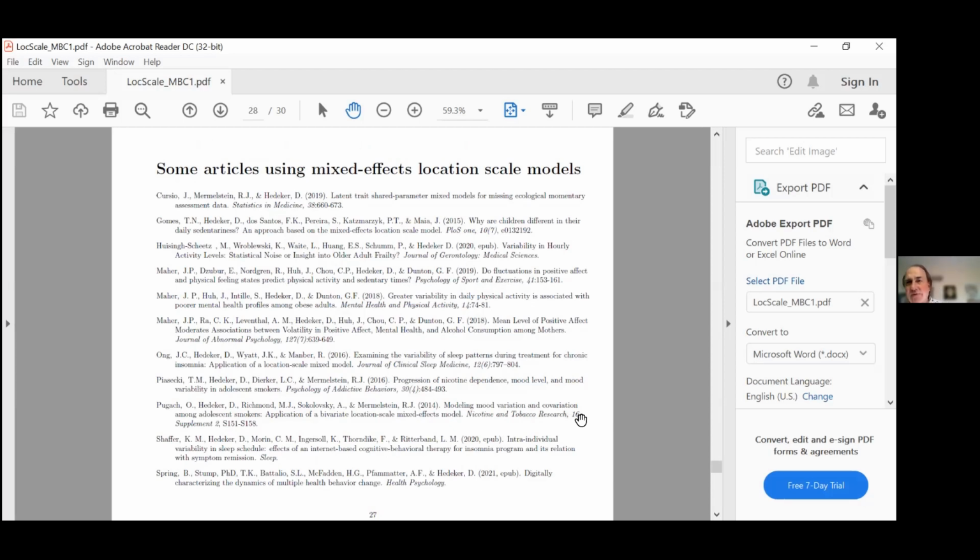In most of these examples I've looked at, mood outcomes a lot, like positive mood and negative mood, if you run them separately and get the random effect estimates, if a subject has high positive affect, they generally have low negative affect in terms of the mean, which makes sense. But their variance estimates are positively correlated. If they're highly variable on one mood, they're also highly variable on the other mood. So I suspect that might be operating with these behaviors as well, but I don't recall precisely.